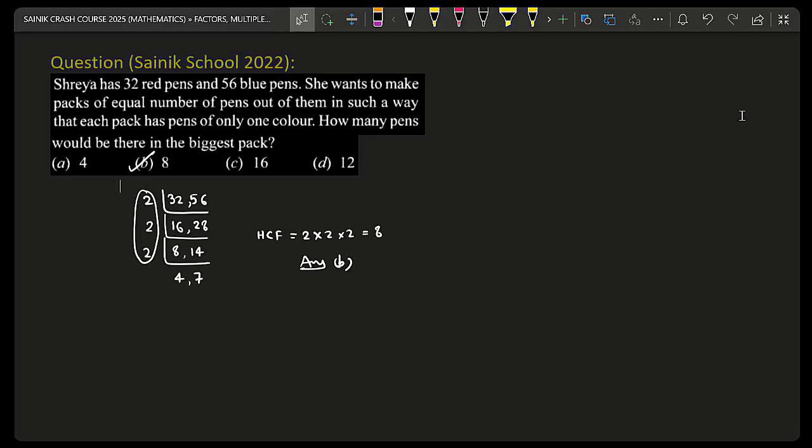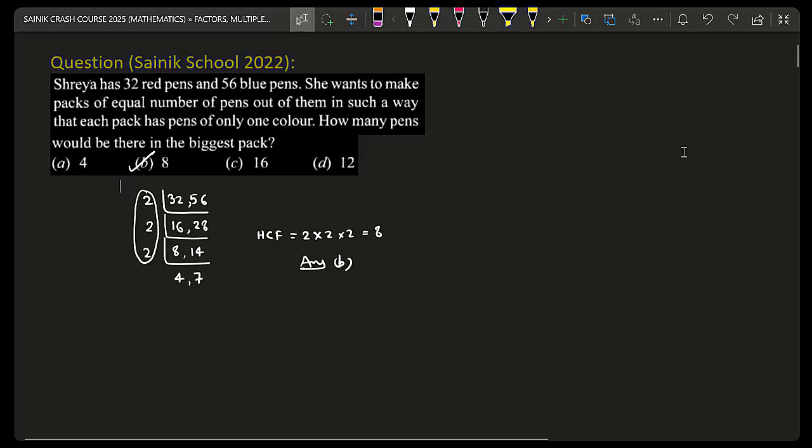But if a mix of numbers are given, some numbers more than the numbers, some less than the numbers, then you will be confused, right? Yes. So don't use such short tricks. You use short tricks which always give the correct answer. For some questions only this one. Yeah, for some questions you can go like that. What Mayuk wants to say is all the options are less than 32 and 56, so that indicates that we have to go for HCF only. But if all the numbers are greater than the given numbers, that indicates that it is finding LCM. So you can also use such shortcuts. Okay, no problem. Mayuk, you are correct.